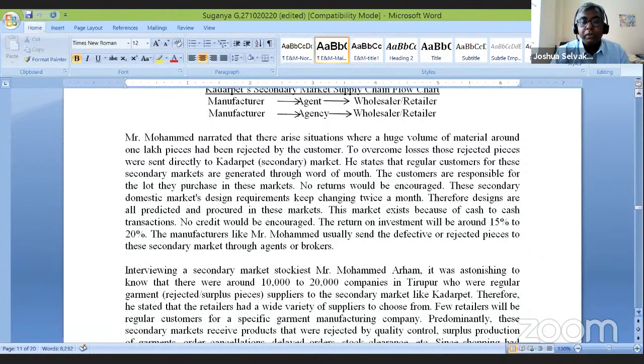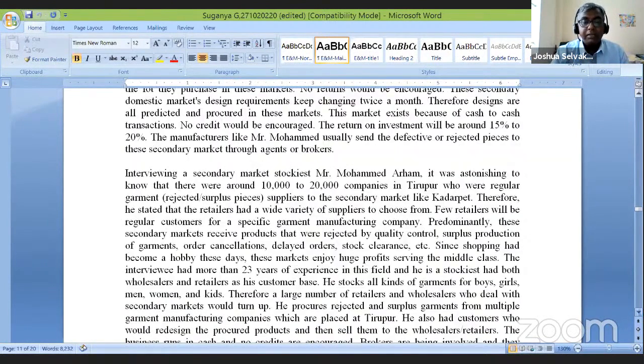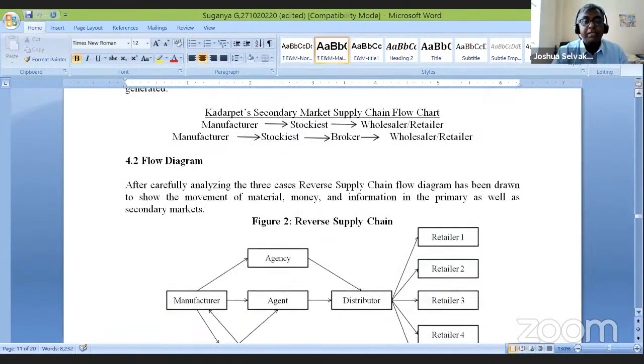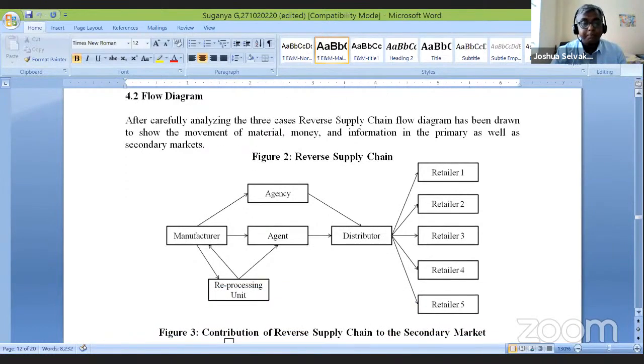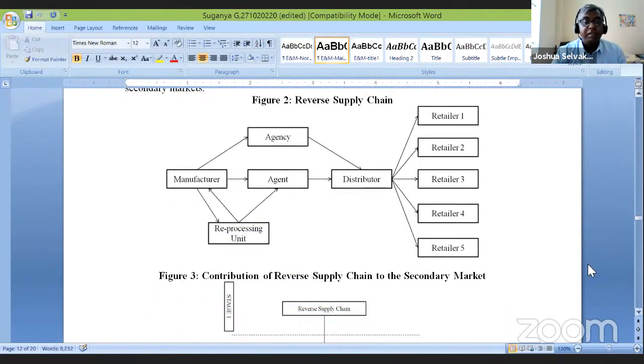So here we spoke to many people. I have given that in the case. This is Kadarpet's market system, from the manufacturer to the stockist to the wholesaler. Okay, and there's one more line here. So this is how the flow diagram goes: manufacturer to the reprocessing unit, to the agents, to the agencies, to the distributors, and from the distributors, the one who sells.